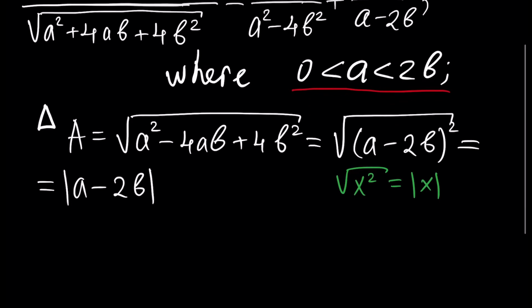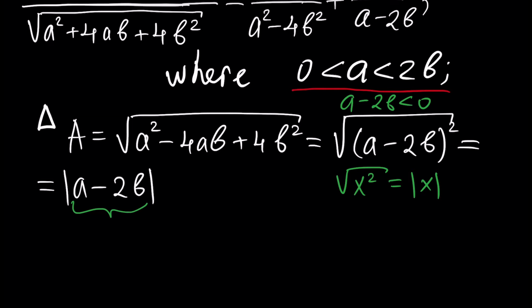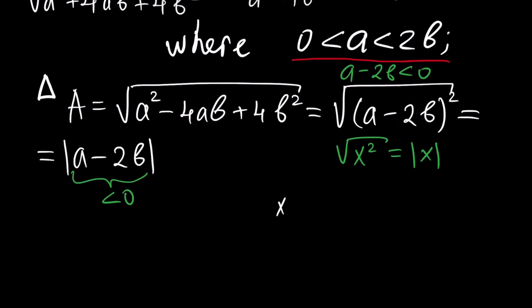And since from this condition, if we subtract 2b, we will have a minus 2b less than 0, right? That's why this expression is less than 0.